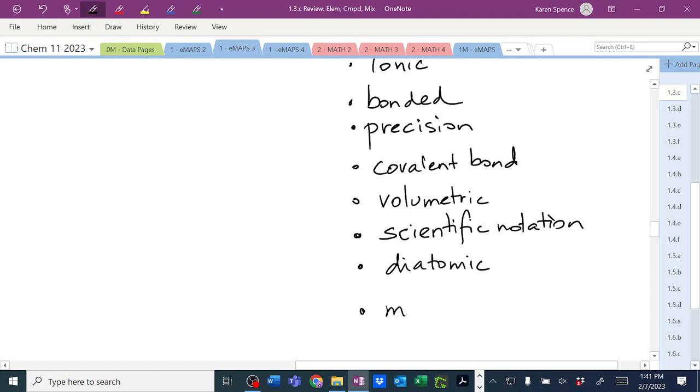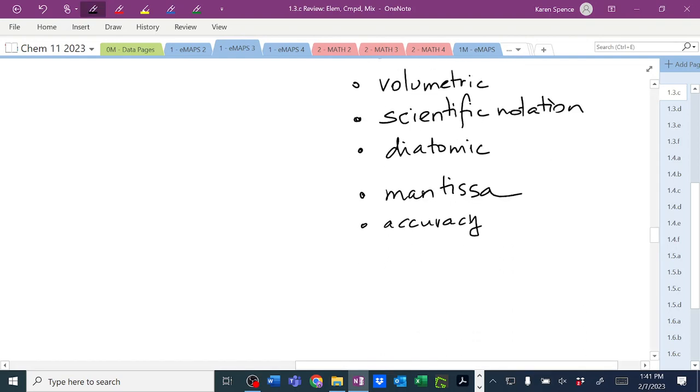Oh, dang, love it. One of my favorite words ever. Does anyone have any that have not been said already? Accuracy, yes. Any others? Yes. Mnemonic device. Not a chemistry word, but a good word all the same.